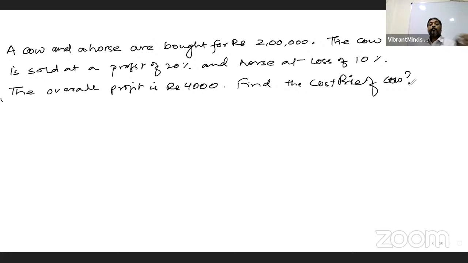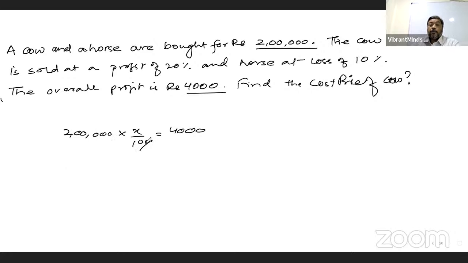See, what is the overall profit this person is getting? Look carefully. 4,000 is how much percent of 2 lakh? So let's say 2 lakh, X percent is 4,000.